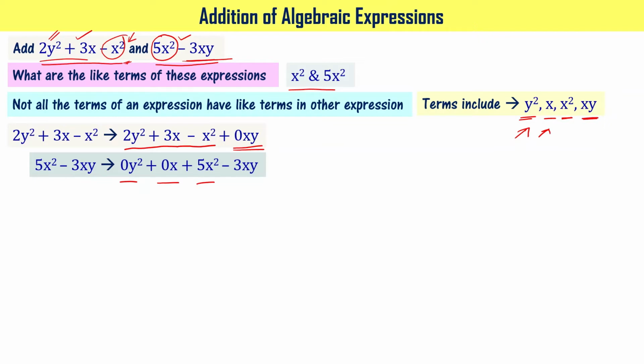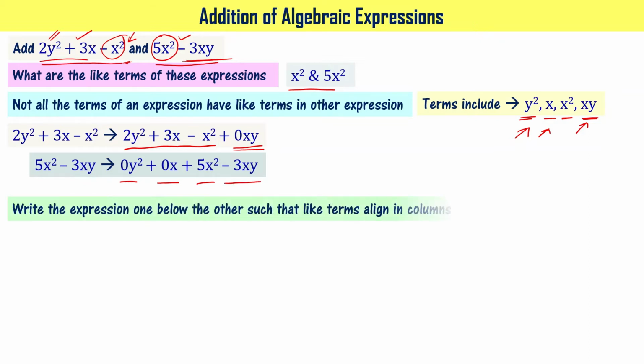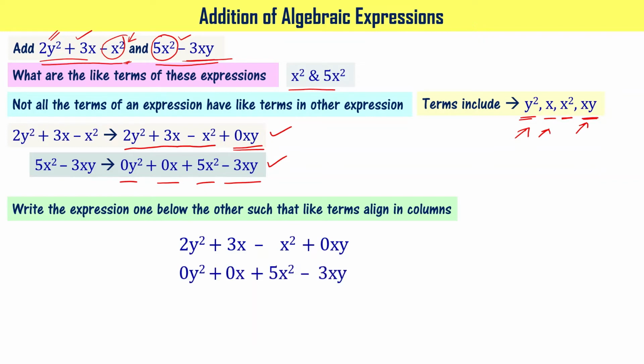And when it comes to xy terms, we have minus 3xy, that is written as is, right? Now, let's write the expressions one below the other such that the like terms align in columns. So as you see here, actually we already arranged them in the order of like terms, right? So let's write the expressions as is now and simply add them.